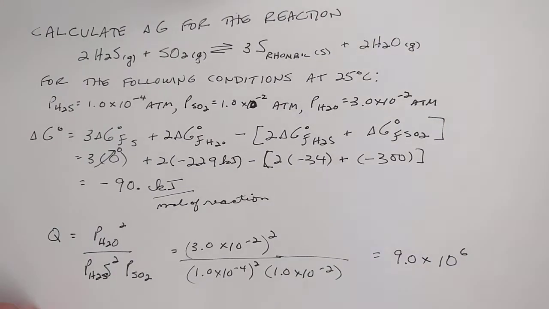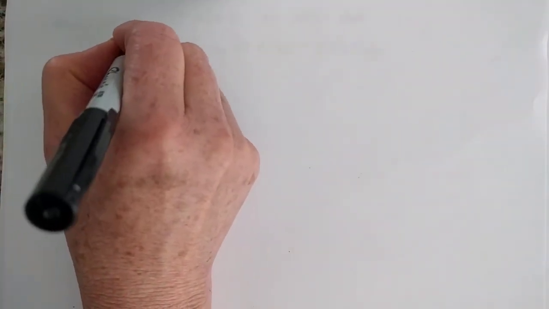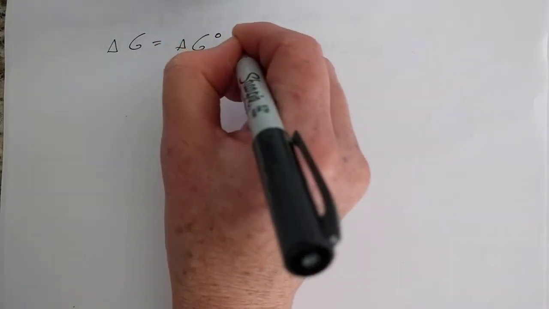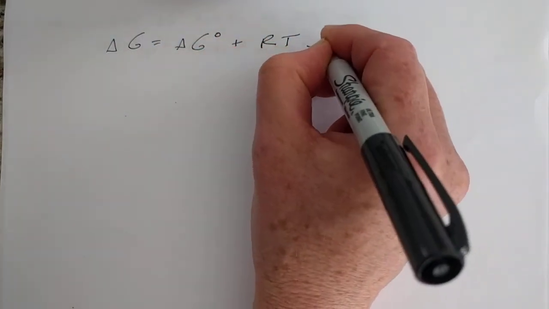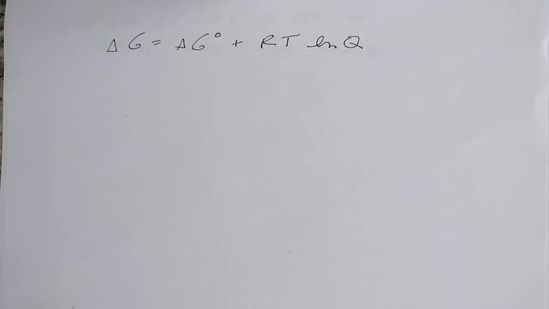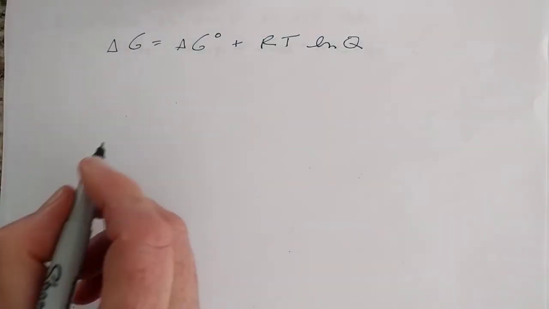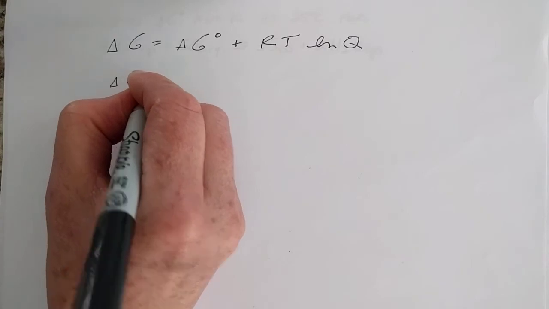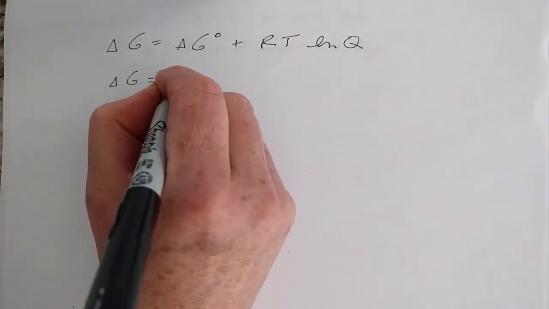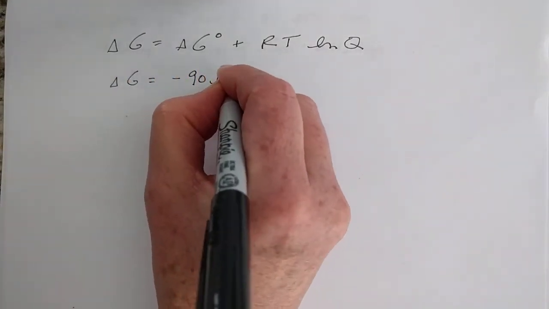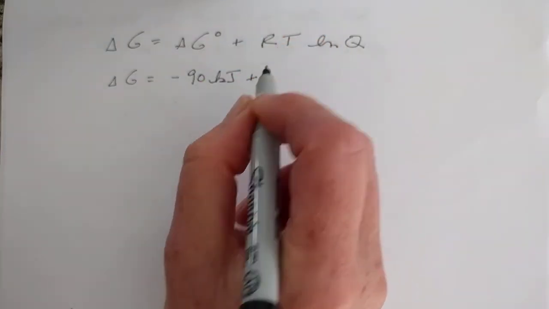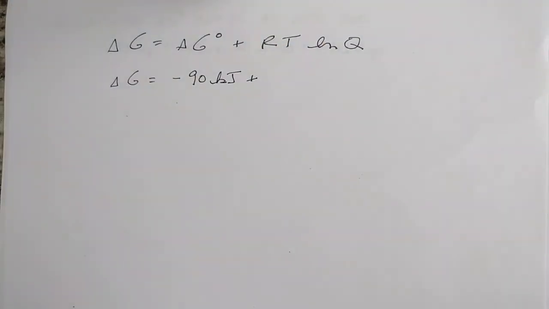So now we can substitute in to our equation. Okay, I thought I was going to have enough room on that one paper. So our equation is delta G equals delta G0 plus RT ln of Q. All right, so delta G equals, we just calculated delta G0, negative 90 kilojoules, plus R. Now R, our value of 8.314, that is joules per Kelvin.